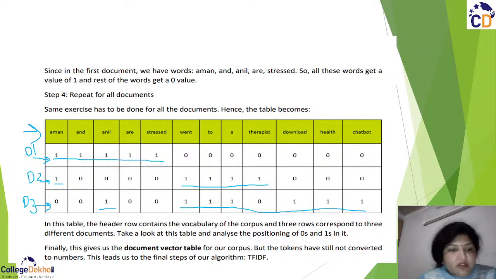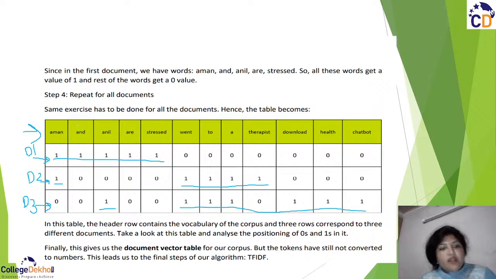So finally this gives us the document vector table. This is a very important table. How to create it? This is very easy. I have just shown you. But the tokens have still not been converted to numbers, right? This leads to the final step of our algorithm, that is generating the TFIDF.